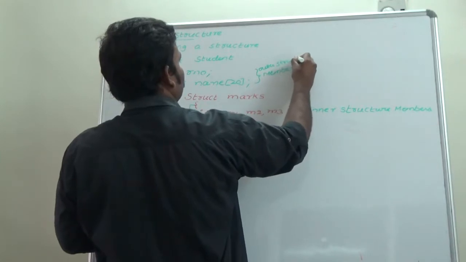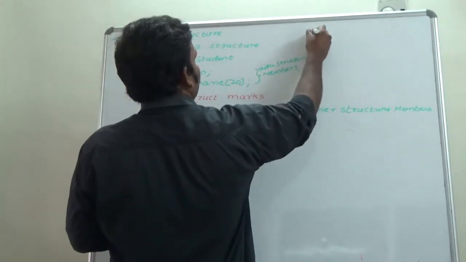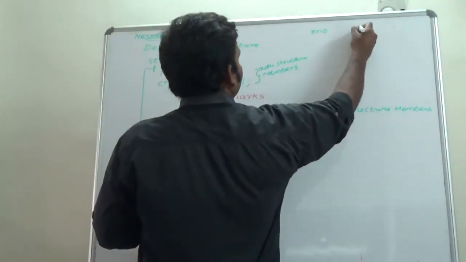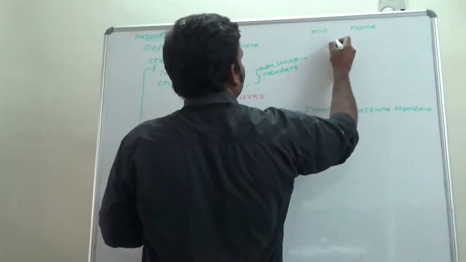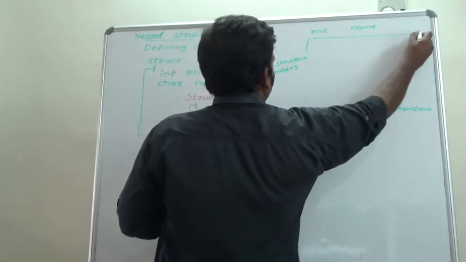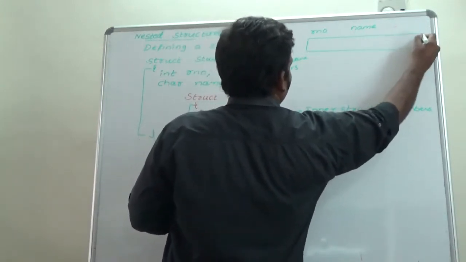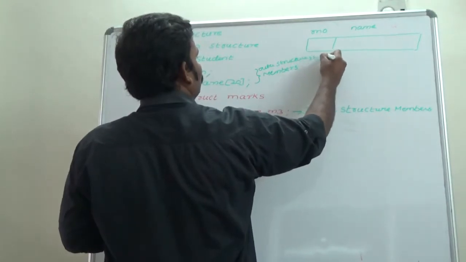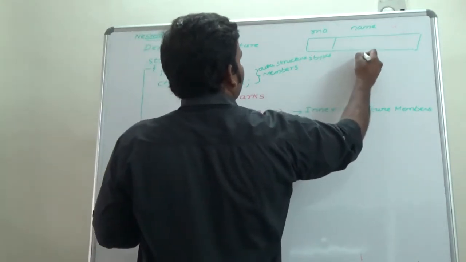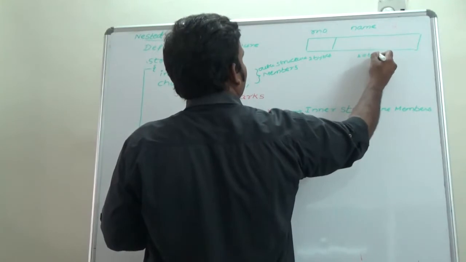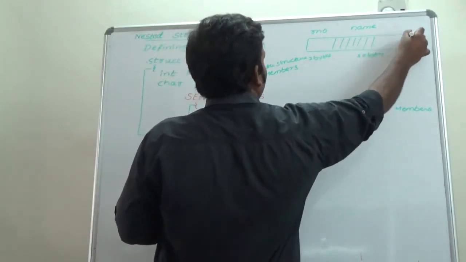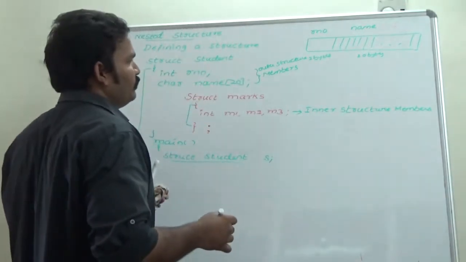For the roll number variable, how much memory is allocated? 2 bytes. For the name variable, how much memory is allocated? 20 bytes. So here 20 memory blocks will be allocated.